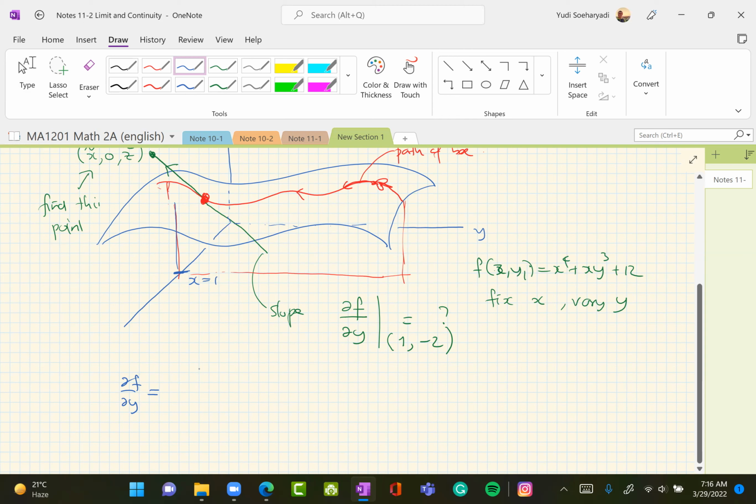So you think of x as a constant. So you have 3xy squared. So that's it. All right. And compute it at 1, -2. Here is 3 times 1 times 4. So that's 12. Okay.